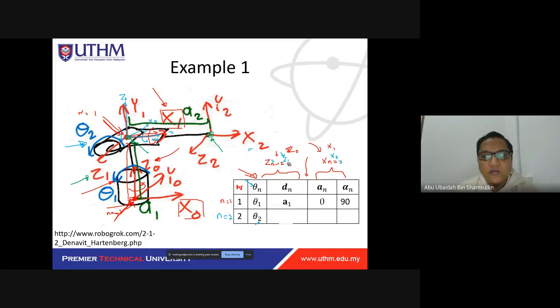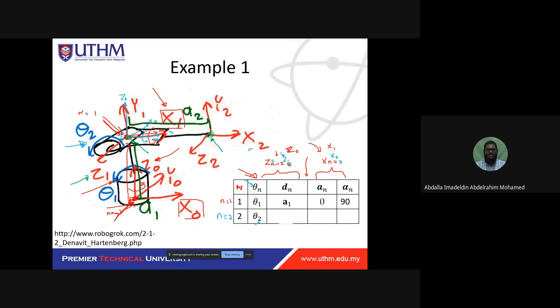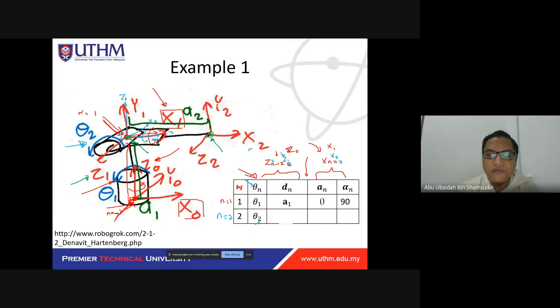If you look here, both of the points are parallel, so you don't need any movement. So the value of d is 0. These two are already parallel, so you don't need any movement. Okay.